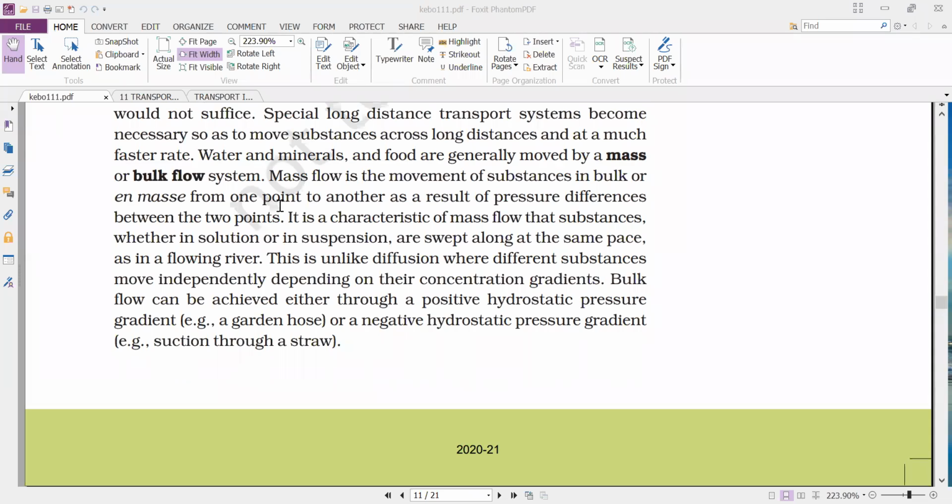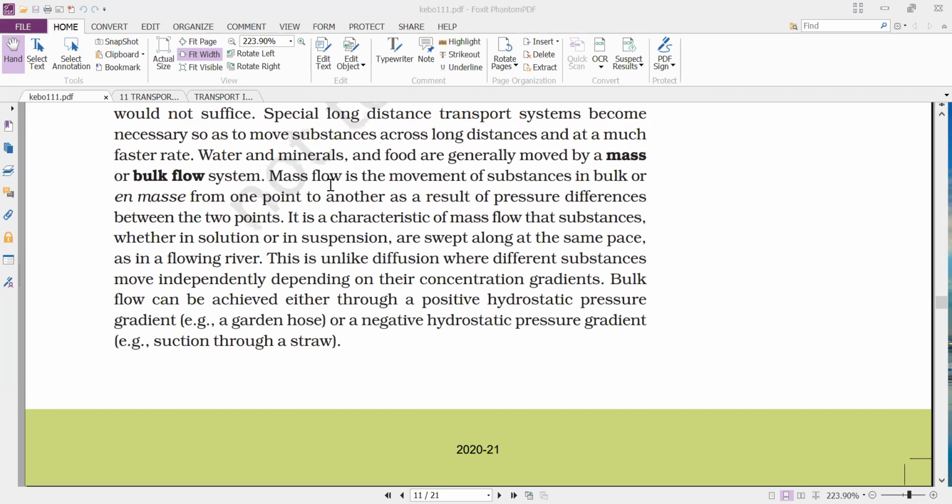That is how it occurs: water and minerals and food are generally moved by a mass or bulk flow system. This long distance transport occurs by mass flow or bulk flow system.